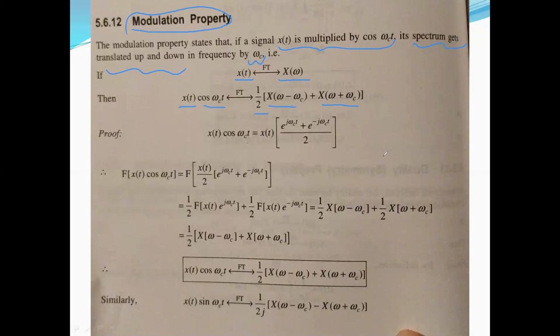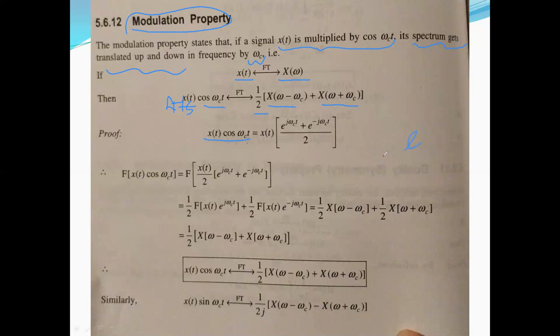Okay. Now for the proof of this, let us start with the LHS. What is the LHS? LHS is x of t into cos omega_c t.